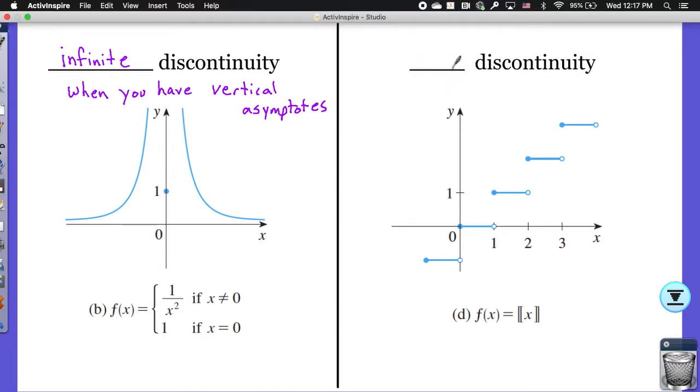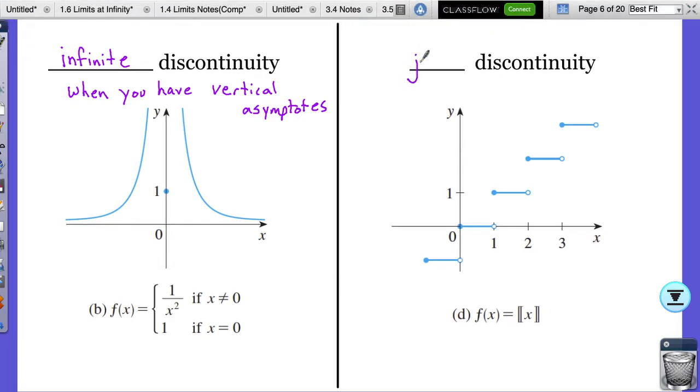All right, and then for the greatest integer function and other piecewise functions as well, we call these jump discontinuities. Because if you're going from one part of the graph to the next, you have to jump to another place. There will be no way to fix this unless we took this whole section right here and shifted the whole thing for all the values between 0 and 1, either moved it up or tilted it or something like that.